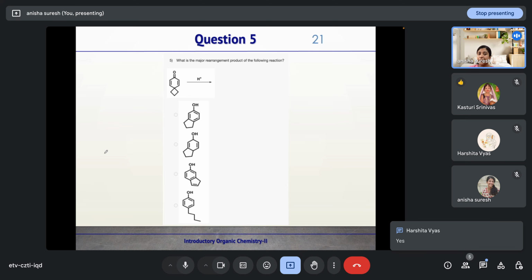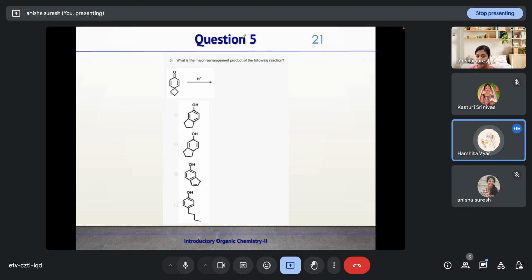Now coming to question number 5. What is the major rearrangement product of the following reaction? Seeing this starting material and reaction condition, can you guess what the rearrangement is? Yeah, you are correct.